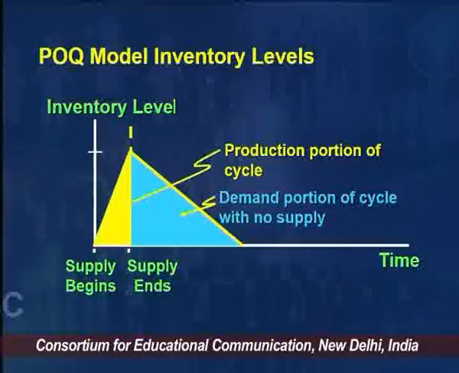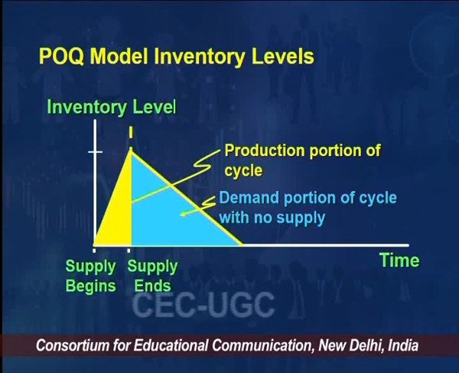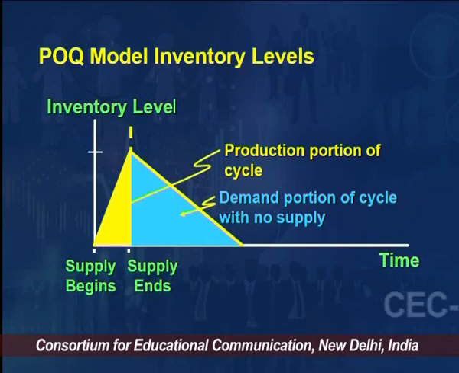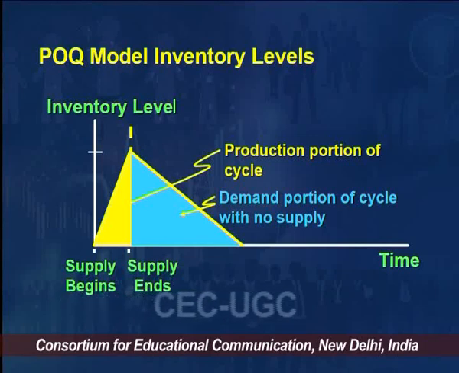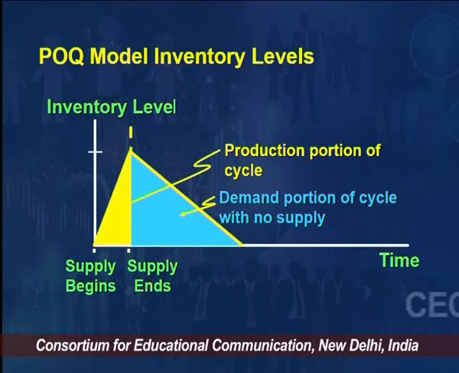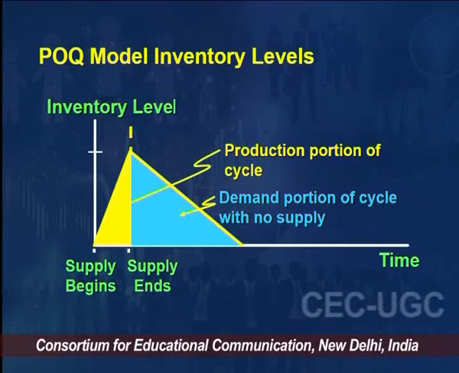Now let us see this slide of POQ model inventory levels. Here on this slide you are seeing this graph. In the yellow color shade, the supply begins, and the second part, which is shaded by blue color, is showing supply ends. So basically this industry is producing some item up to I, that is inventory, and then the blue color is showing the demand portion of the cycle with no supply.